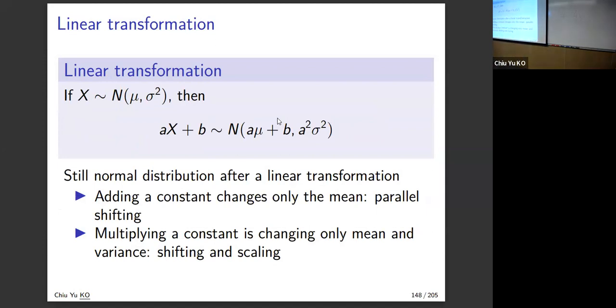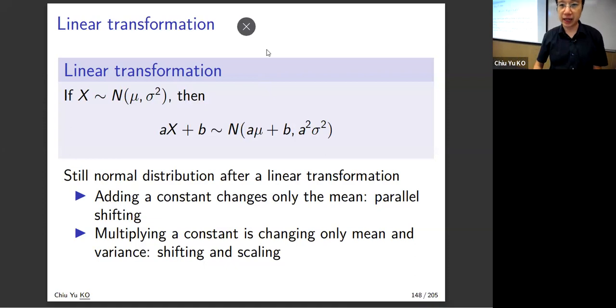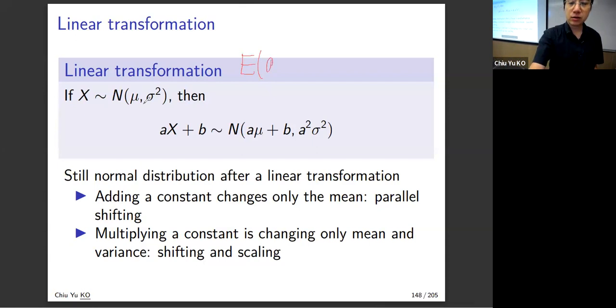Now, the first thing I want to say is the bell has very many nice properties, and it turns out this is very convenient for us to do a lot of stuff. First, if I have X normal with mean mu and sigma square, what do we have for aX plus b? This turns out not to be complicated. Remember, the expectation of aX plus b is a times the expectation of X plus b, if you still recall this formula.